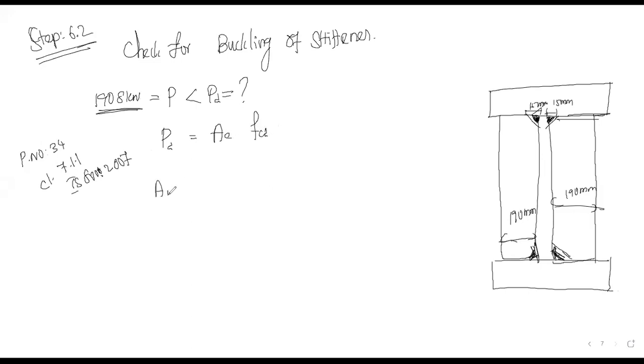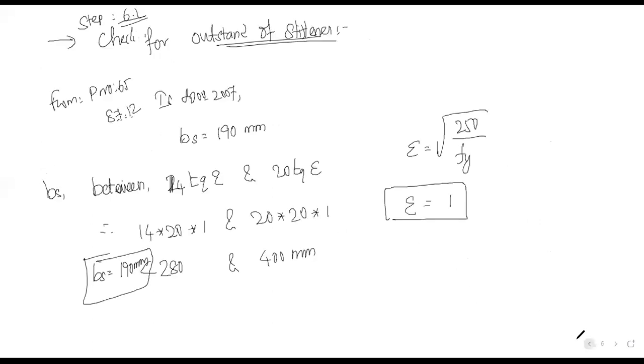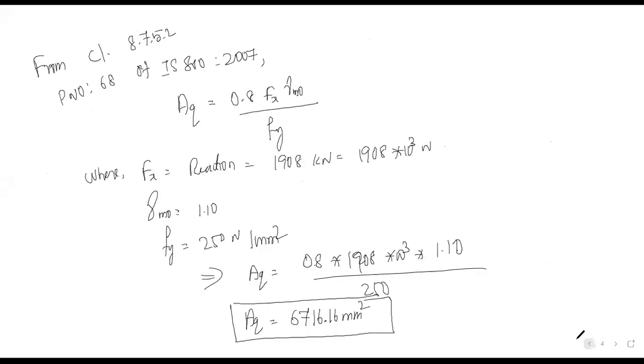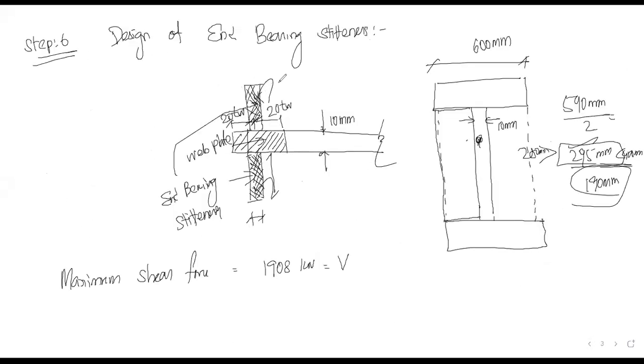Okay, so AE we can calculate. So this is 190 mm, as I said already. The net effective area is nothing but 2 into 190 into 20 mm thickness.